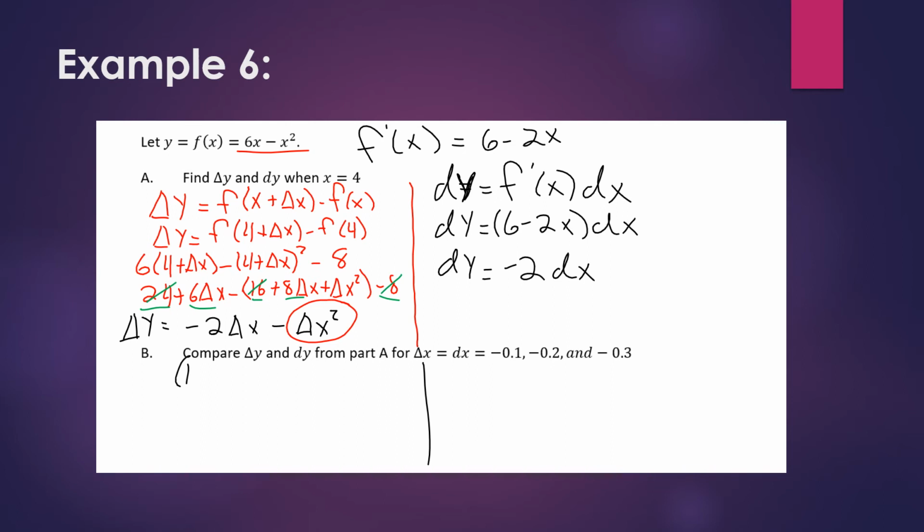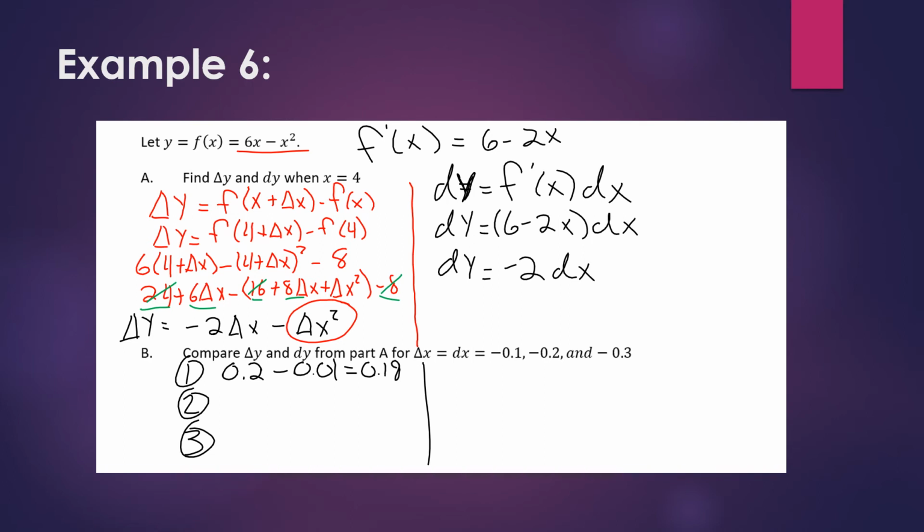So we're going to get 3 different answers. If I plug in negative 0.1, well, negative 2 times negative 0.1 is going to be 0.2 minus negative 0.1 squared is 0.01, giving me 0.19.